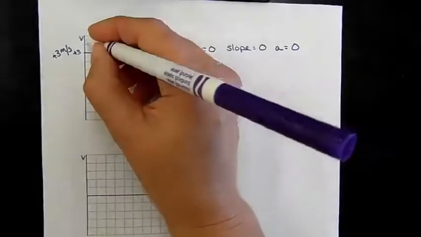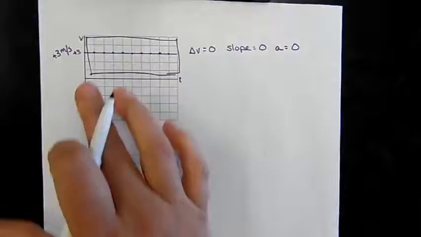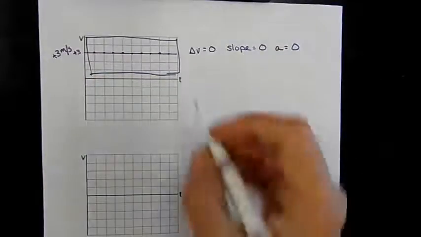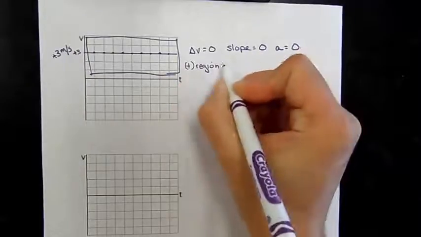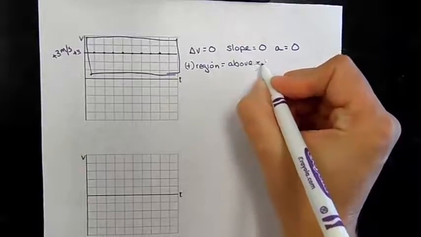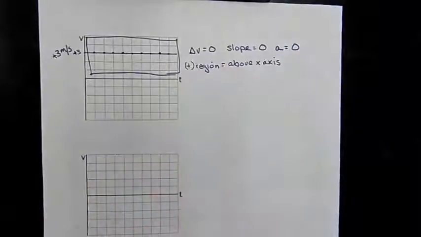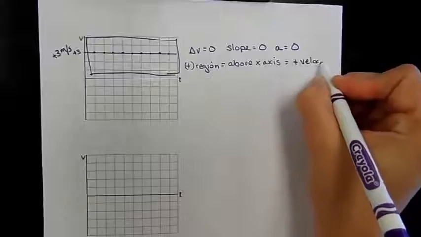Now that's kind of important. This whole section right here, if you have a line in the positive region of the graph, when we say positive region, what we mean is anything above the x-axis. What this means is that we have a positive velocity.